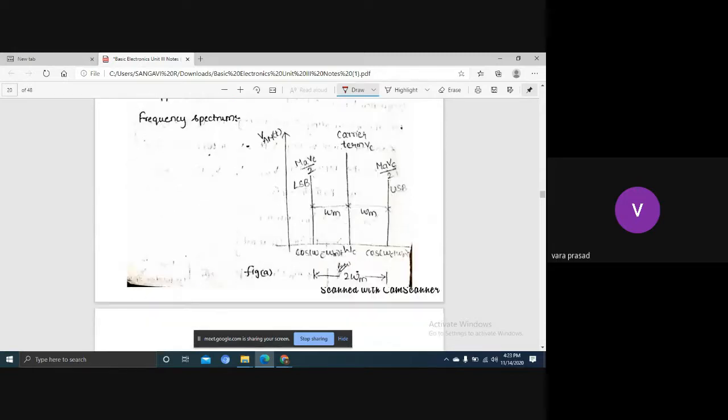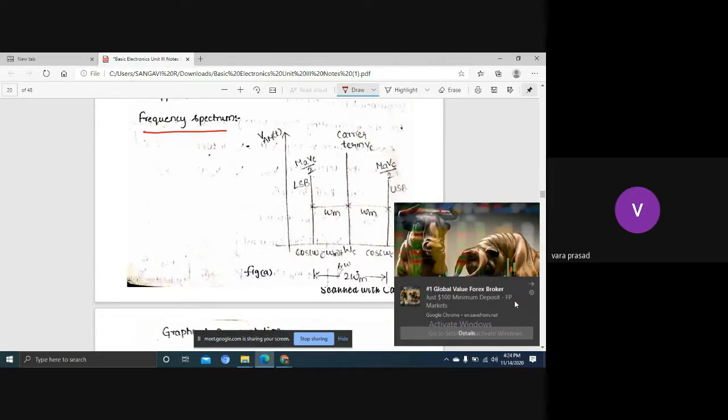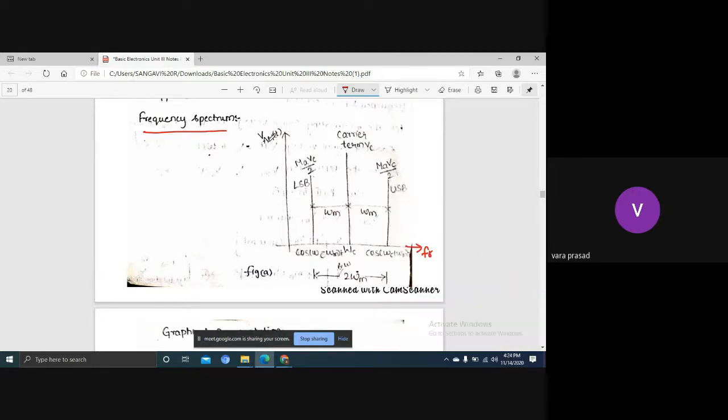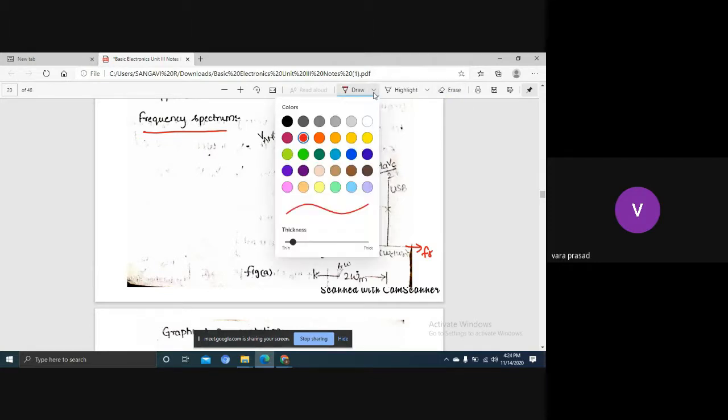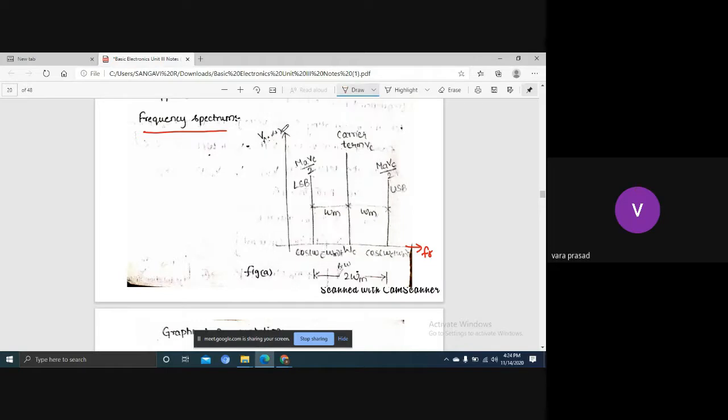Here we can represent frequency. This is called the frequency spectrum. Take the x-axis as frequency and the y-axis as y of t.